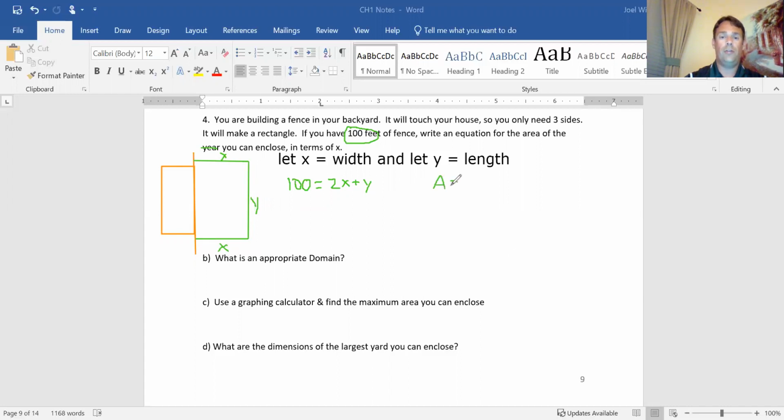All right, so the area of this rectangle is going to be x times y. And since we are in algebra, I like to have as few variables as possible, and it tells me here to get everything in terms of x. So if I go back to the original equation, 100 equals 2x plus y, then 100 minus 2x equals y.